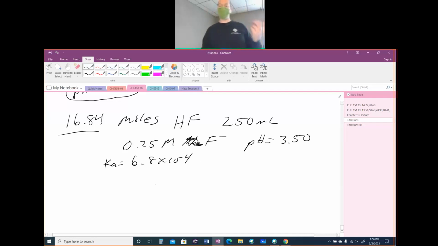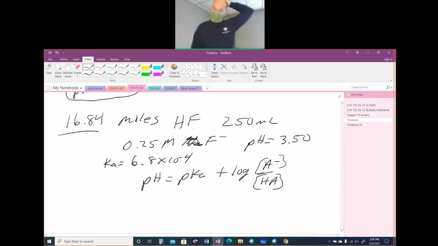So it says that we have a buffer, and so pH is equal to pKa plus the log of A minus over HA. All right, so we have the pH that we need. We want the pH to be 3.5. We can find the pKa because we have the Ka.